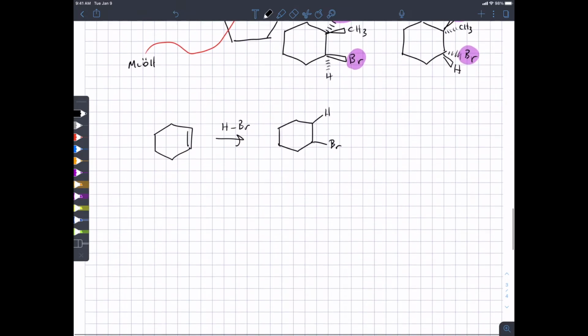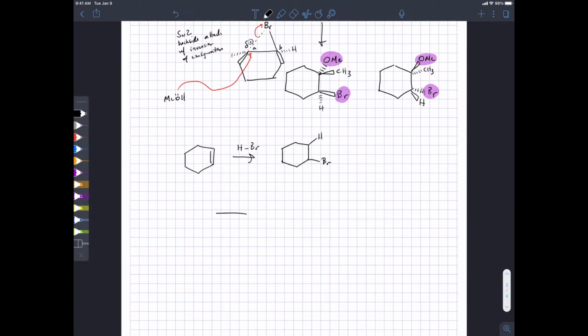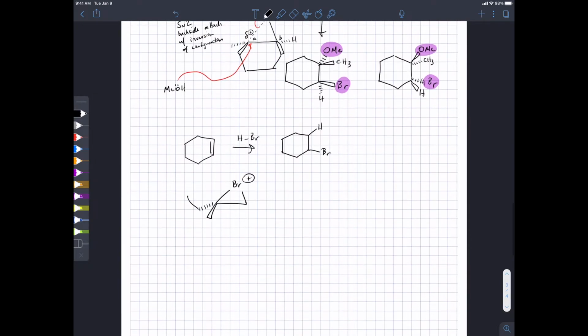So this may be easiest to draw if we were looking at a bromonium ion like this, and I guess I'll make it chiral just because. So if we had water or methanol attack from the backside, Br leaves, so the new stereochemistry is going to have the methoxy group here.